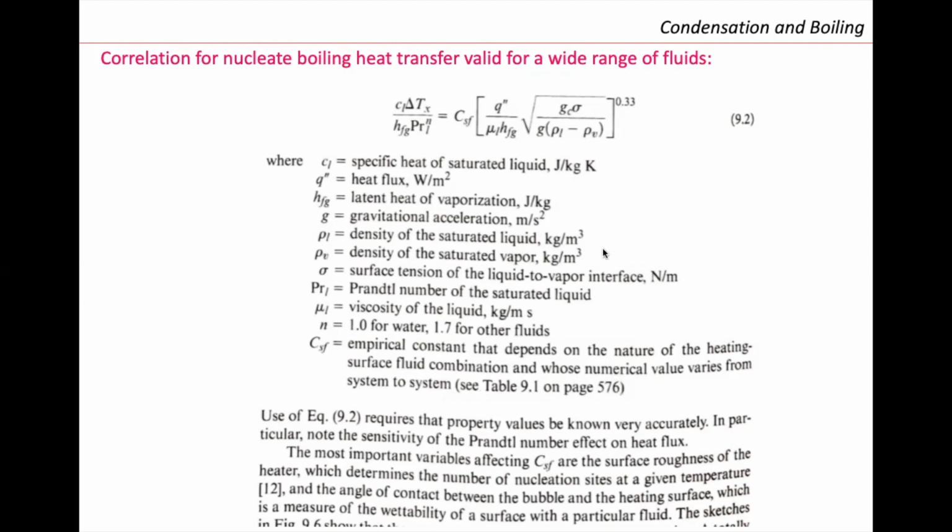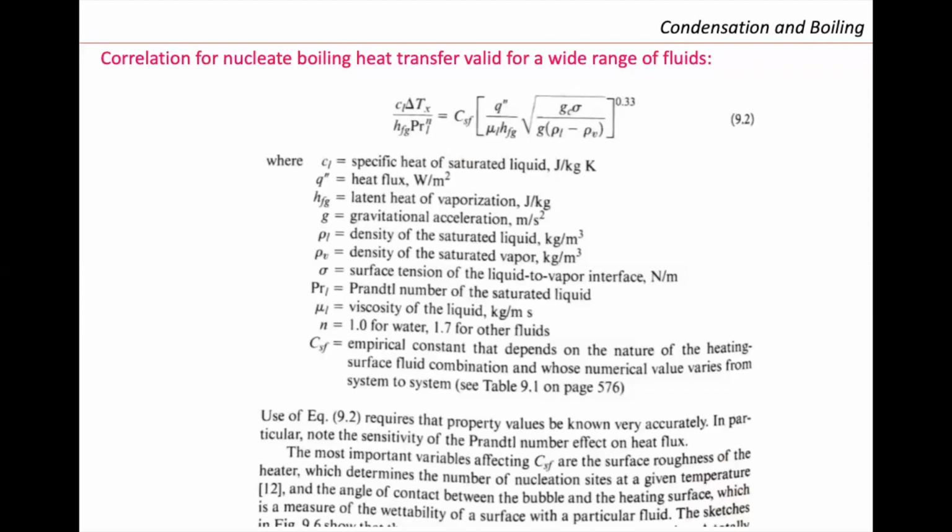I take this straight from your textbook, and it helps us calculate the heat transfer in nucleate boiling for a wide range of fluids. As the author of your textbook notes, this equation 9.2 requires that property values be known very accurately. In particular, note the sensitivity of the heat flux to the Prandtl number.